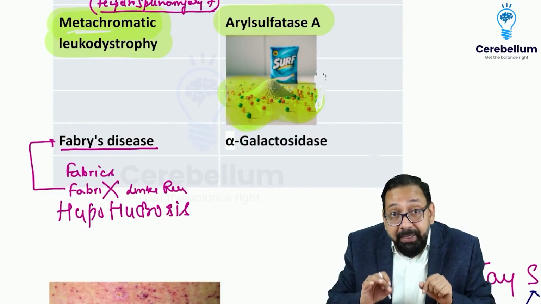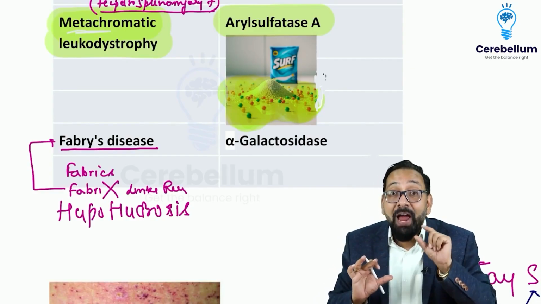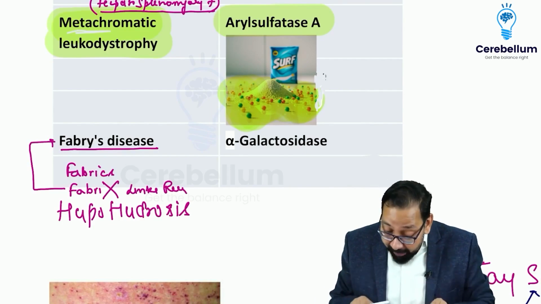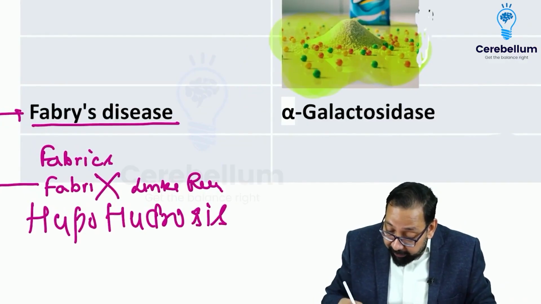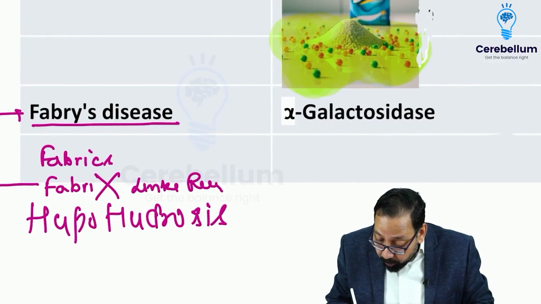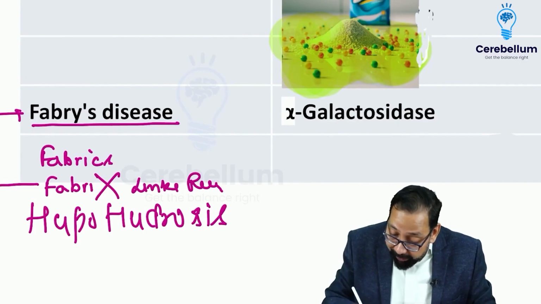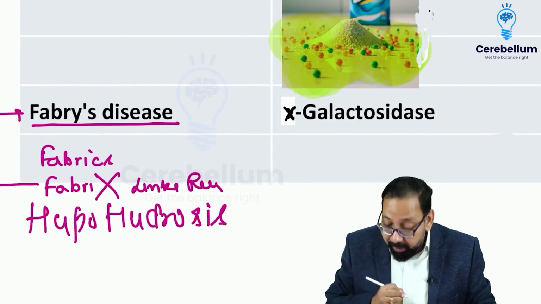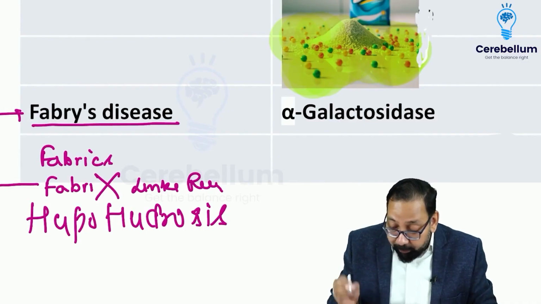But this Fabry's disease is X-linked recessive. So mnemonic is Fabrics X-link. And which enzyme is deficient? Alpha galactosidase is deficient. If I want to make a mnemonic, I can cut this alpha and it will look like X. Now it is looking like X. So Fabrics, alpha galactosidase is deficient.